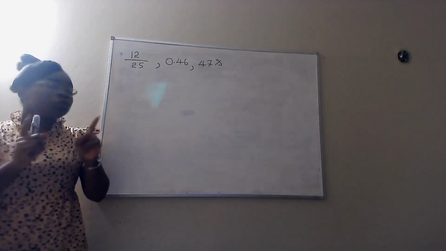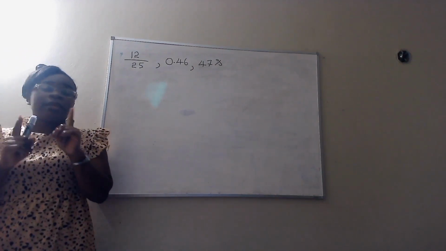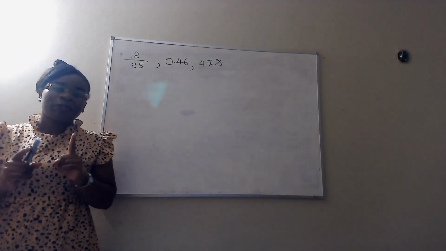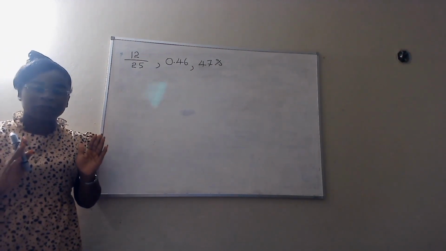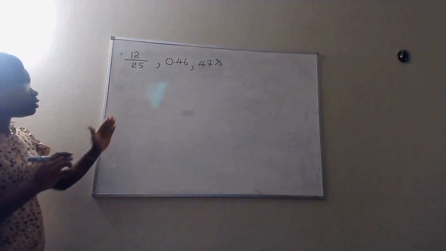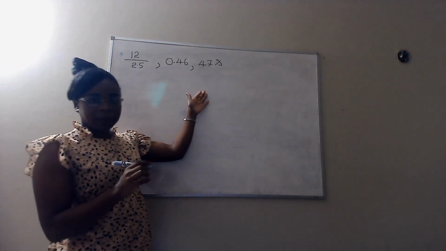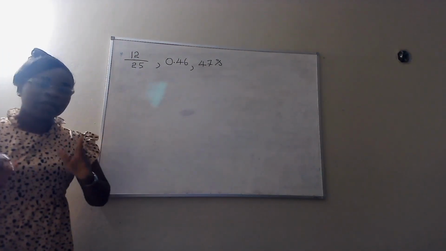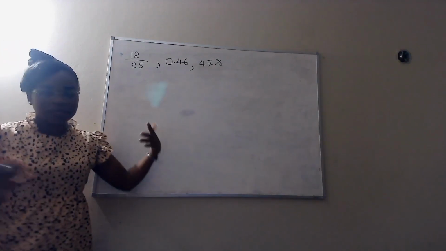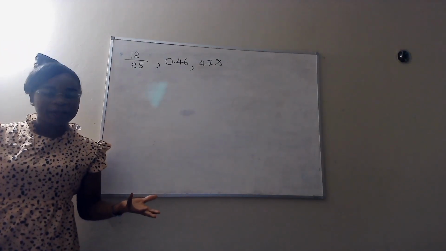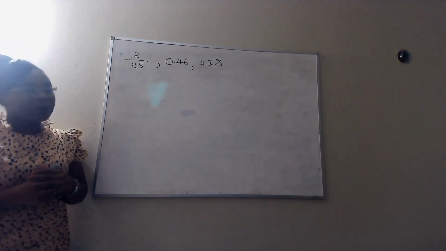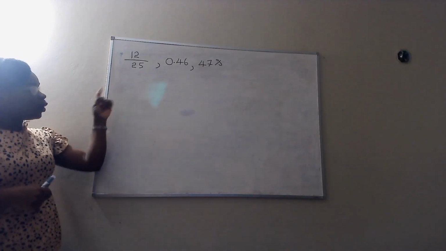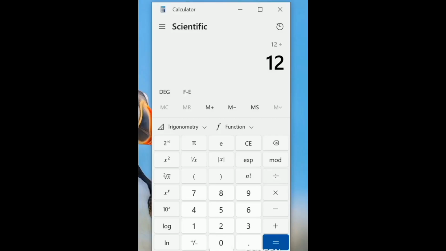So to do such a question, it is much easier to work with decimals. So we're going to convert the fraction and the percentage into decimals. Since this is already a decimal, we don't need to do anything. So let's pull up our calculator and work out 12 over 25.